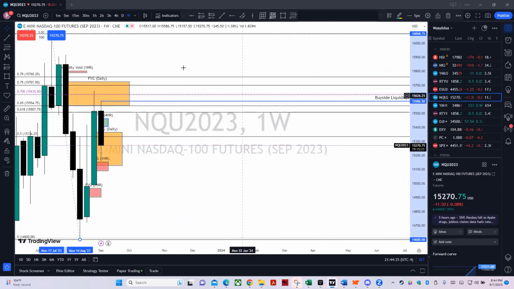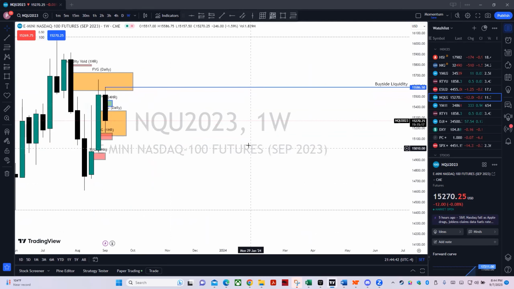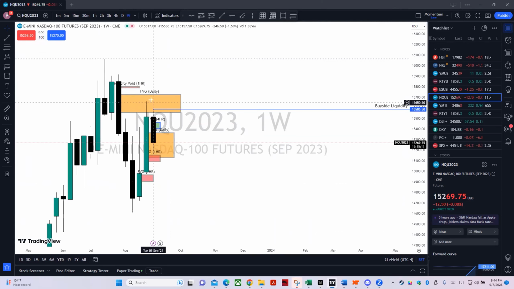And then let's even check out the weekly chart. Oh, beautiful. Beautiful. Look at this. Relatively equal highs. I wonder where this line retraced to last week. I bet it is mean threshold. Let's go ahead and see.